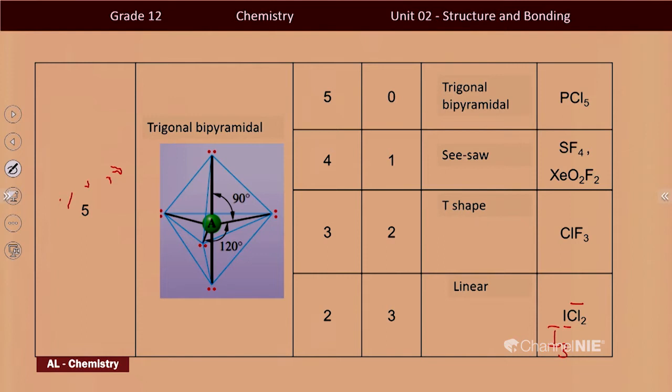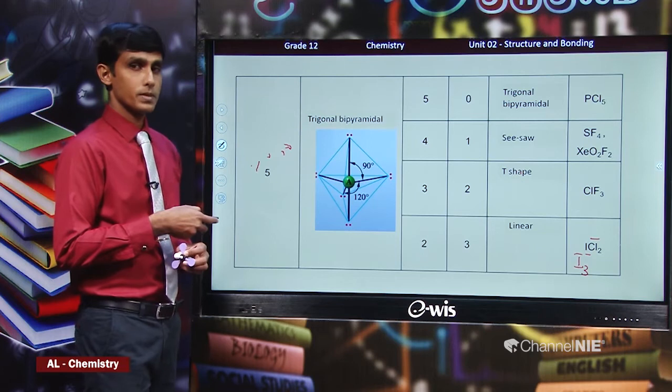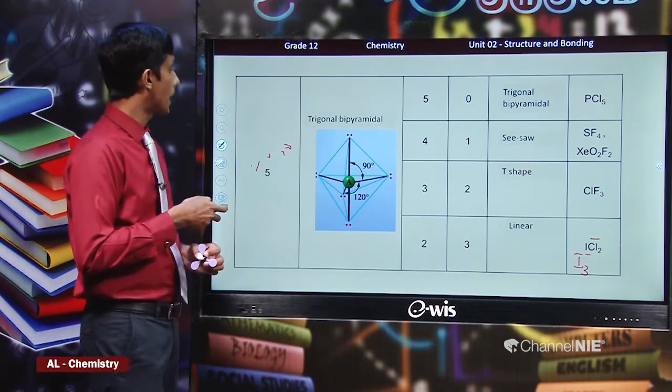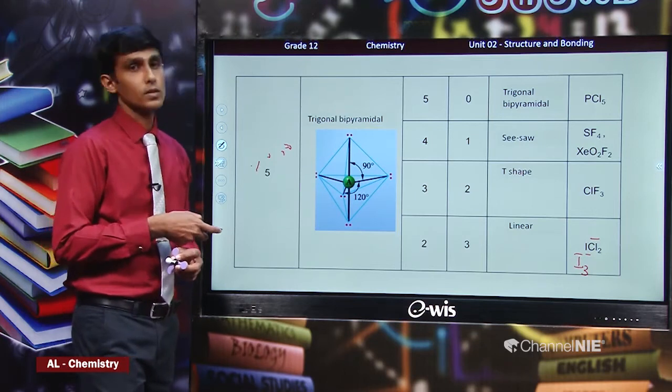ICl2 minus, I3 minus, those are examples of linear molecules or linear ions with 6 VSEPR pairs, and out of these 6, 3 lone pairs and 2 bonding pairs.